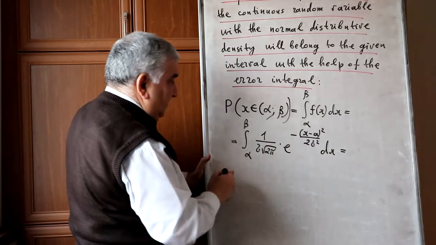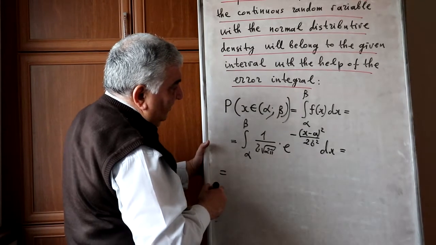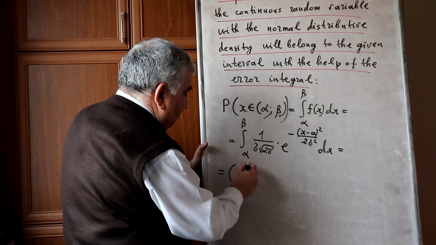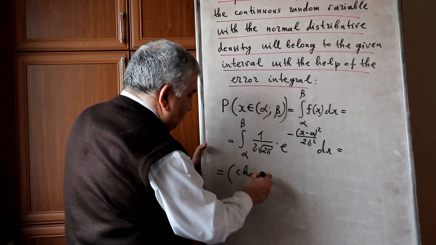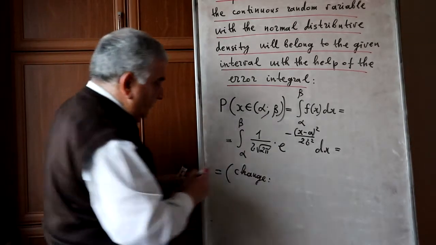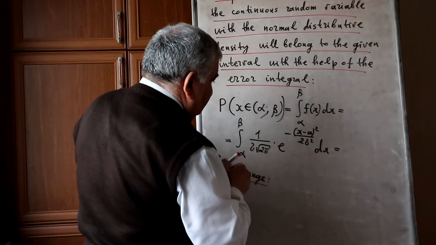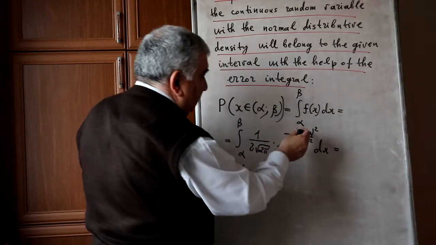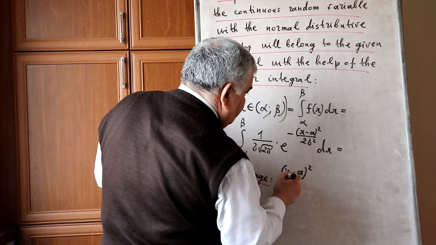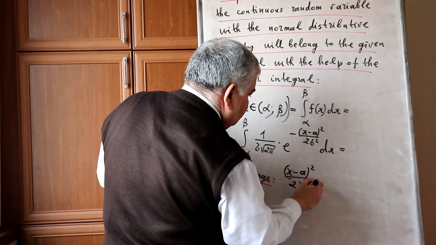Then make the following change. Let (x minus a) squared over 2 sigma squared be t squared.